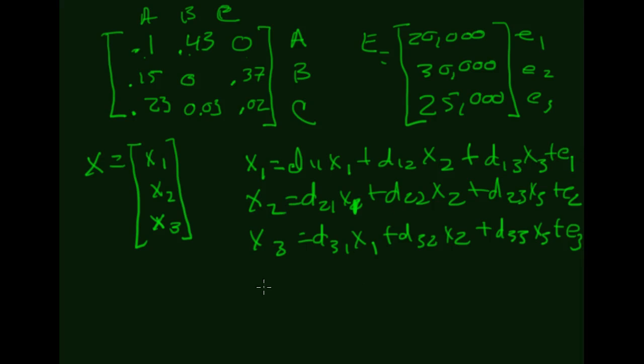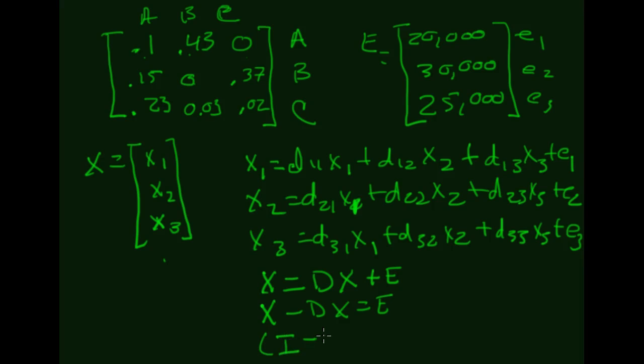So ultimately, if I look at this, I can rewrite this as x equals dx plus e, because if I multiply this times this, I'm going to get this mess in the middle, with e down here and x over here. Well, I can solve this equation for x. x minus dx is equal to e.